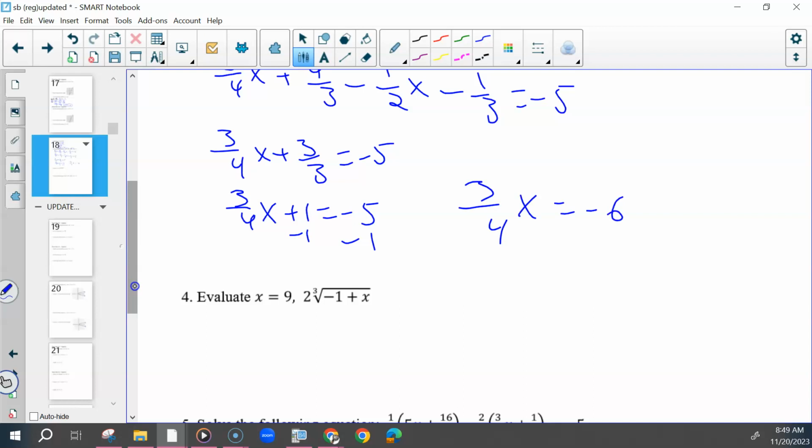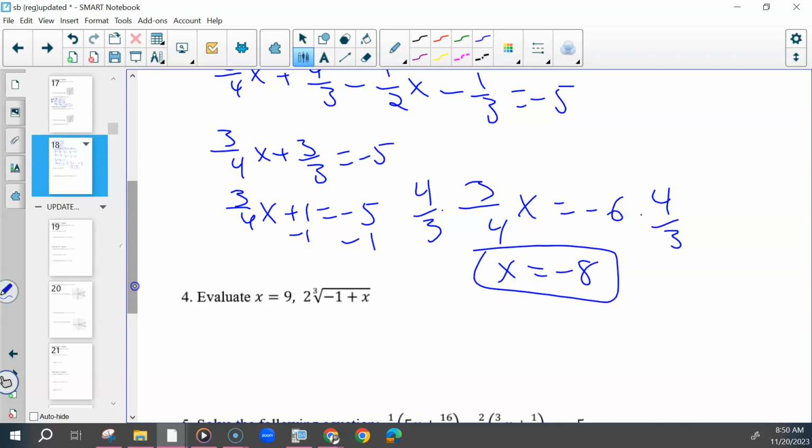And then to get rid of 3/4, take it, flip it, and multiply both sides. So x equals negative 24 over 3 or negative 8. Questions on that one?